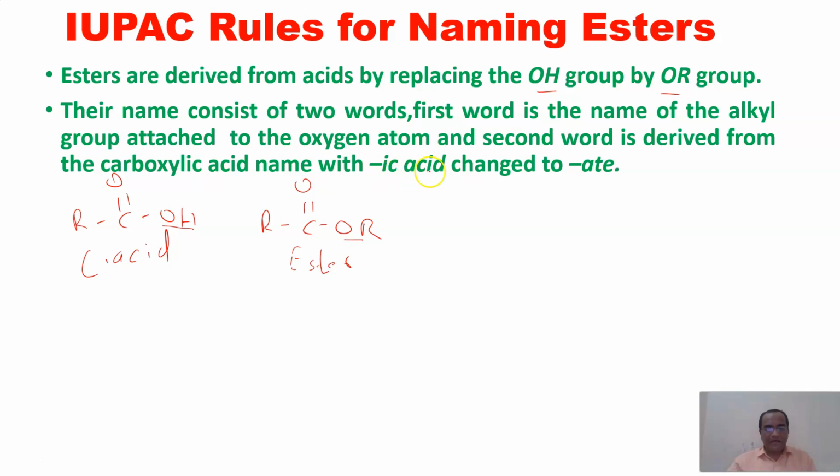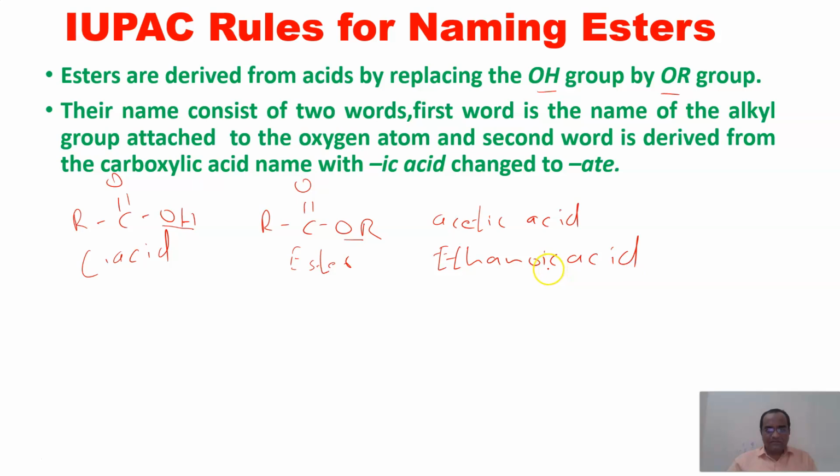we change IC acid to ate. Suppose we have acetic acid, the common name of the structure, and the IUPAC name is ethanoic acid.